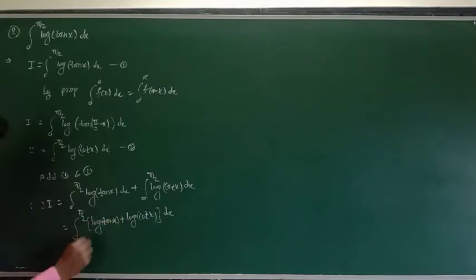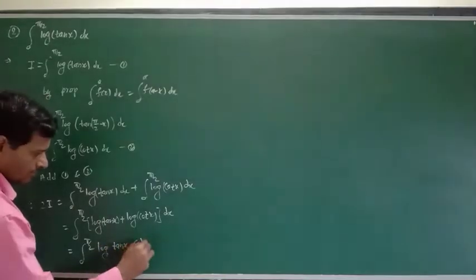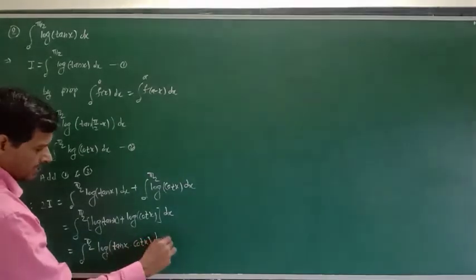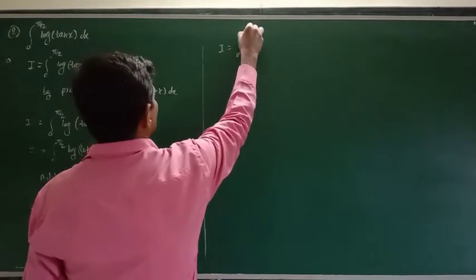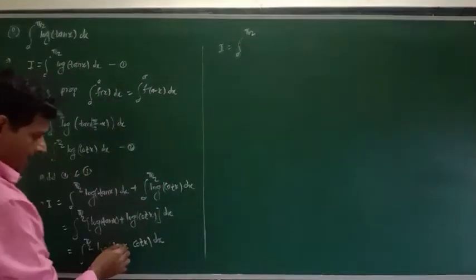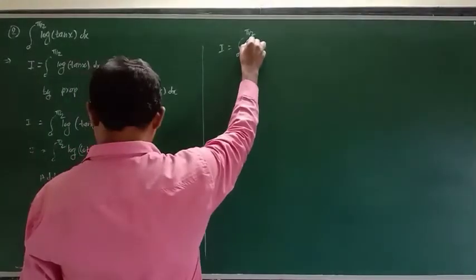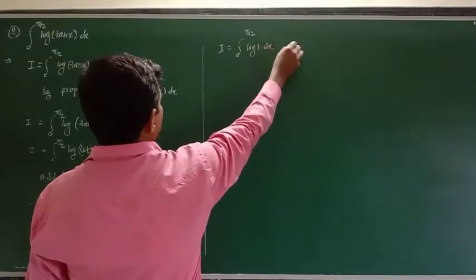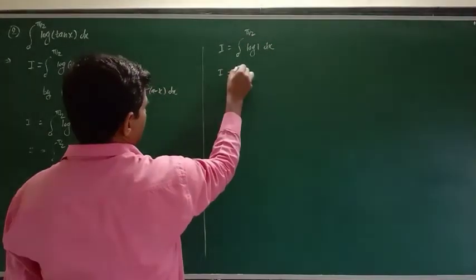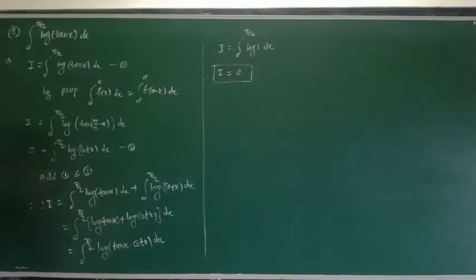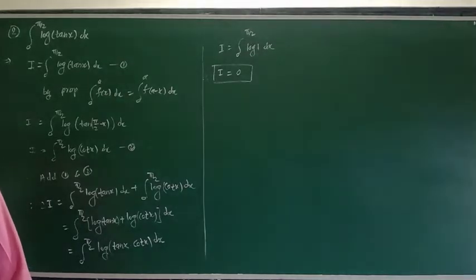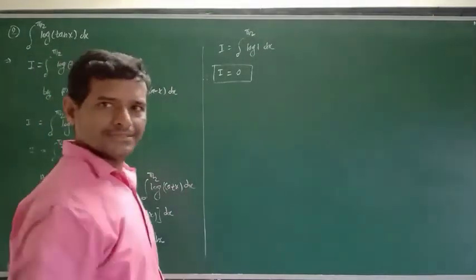By the property of logarithm, it is log of (tan x into cot x), total integration dx. So finally 2I is equal to integral from 0 to pi by 2 of log of (tan x into cot x), and the product is 1. So its value is log 1 dx, which is 0. Okay, log 1 value is 0. So the value of the definite integral is equal to 0.